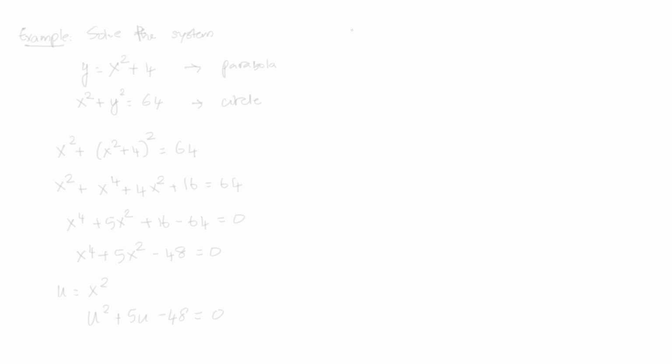The solution to this can be easily found by using the quadratic formula. A is 1, B is 5, and C is negative 48. We use minus b plus or minus the square root of b squared, which is 25, minus 4 times a times c, over 2a.